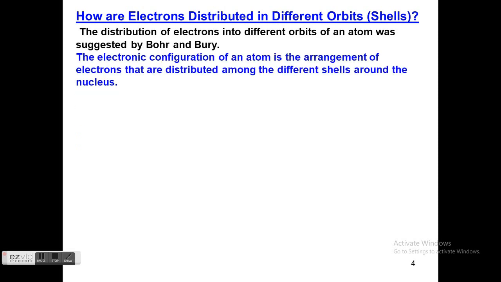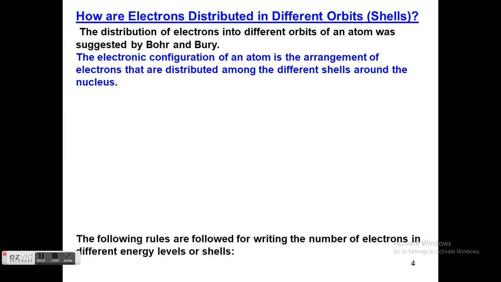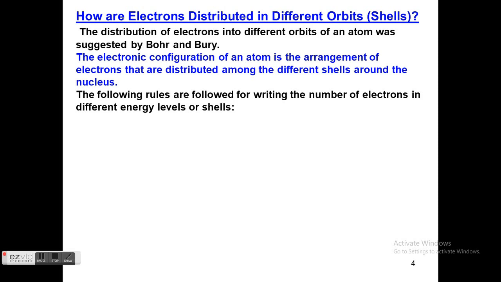The electronic configuration means the arrangement of electrons in the different shells around the nucleus. The following rules are to be followed for the arrangement of electrons in the different energy levels.